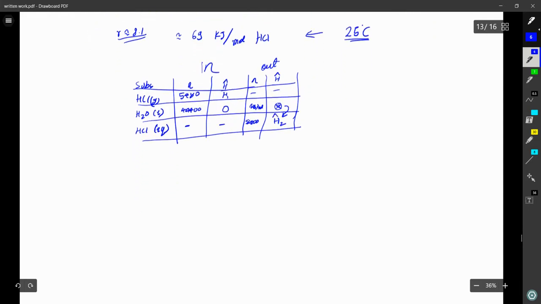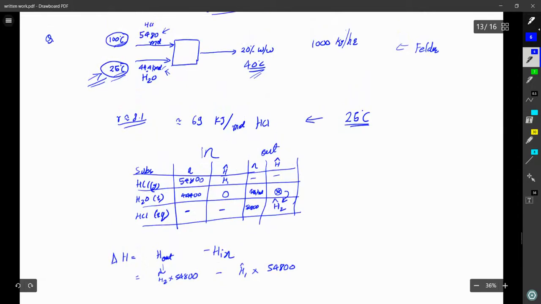Okay, so we know that delta H is H out minus H in, which is H2 cap into 5480 minus H in. H in is H1 into 5480.